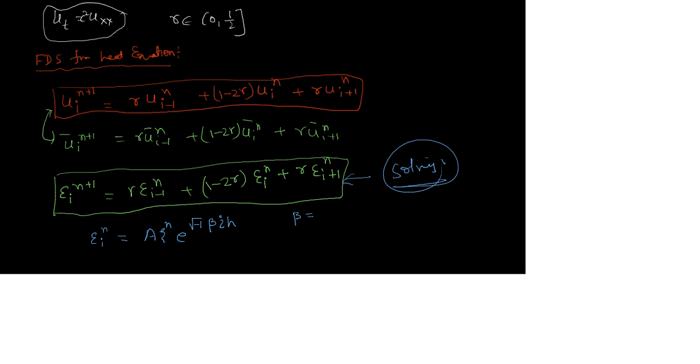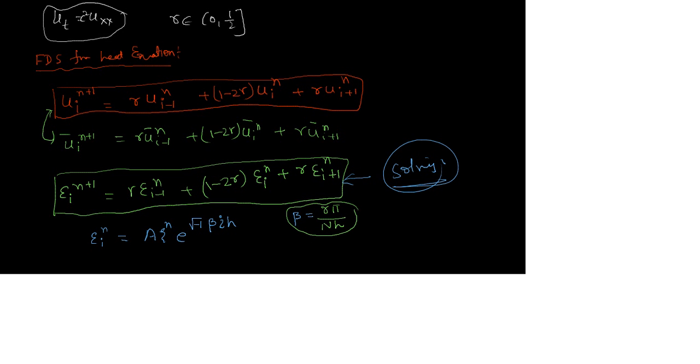As I have already told, beta was m h. Let me check it. Sorry, this is wrong. So beta was m pi by n h.